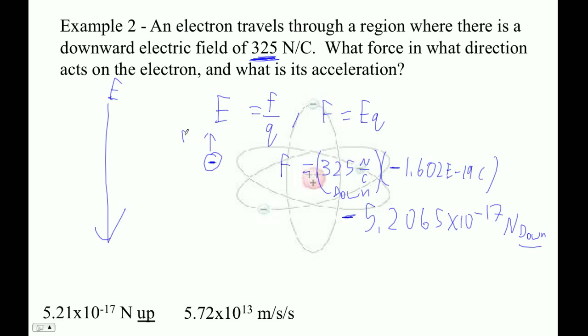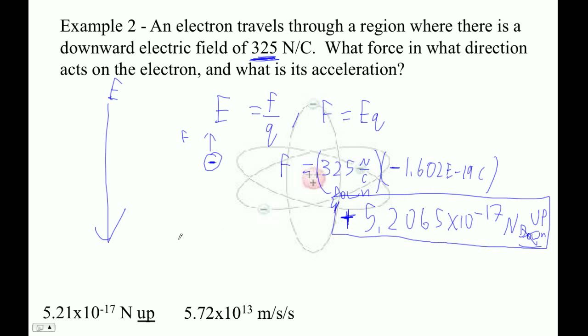That makes sense because if the electric field is down, that's what positive charge would do. A self-respecting negative charge would go the other way. The math also works: this is 325 newtons per coulomb down, but it's times a negative charge, so we get a negative downward force. The opposite of down is up, so it's up. So that's the answer to the first question.